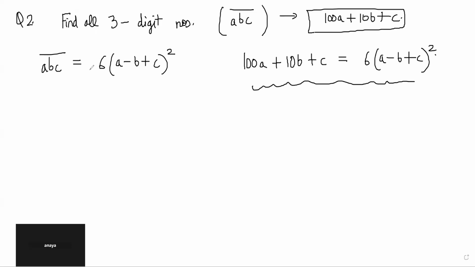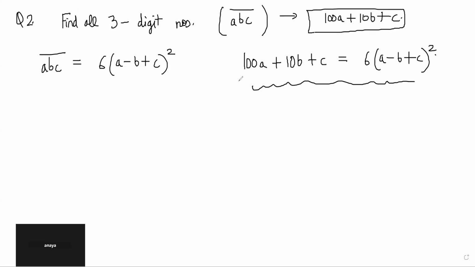Yeah. So you can say that 100A plus 10B plus C is a multiple of 6. That is one thing we know. So we have many things we can think about here.